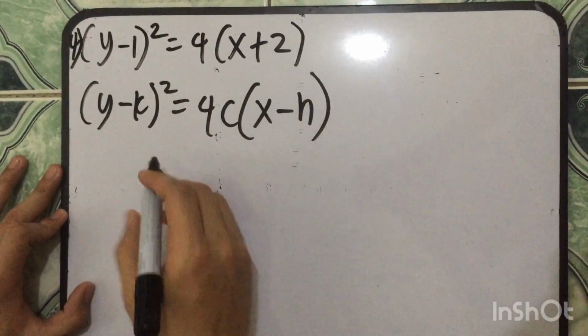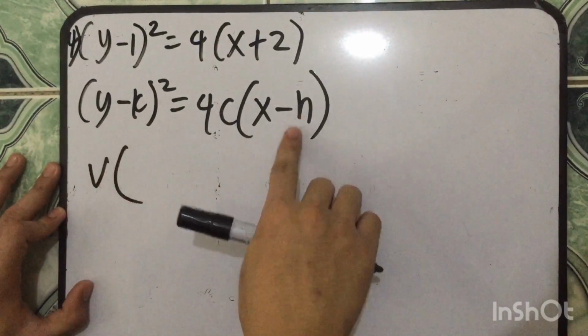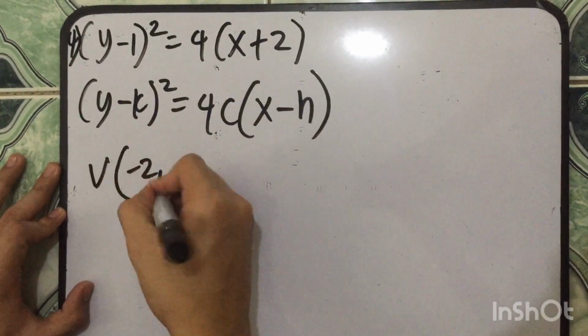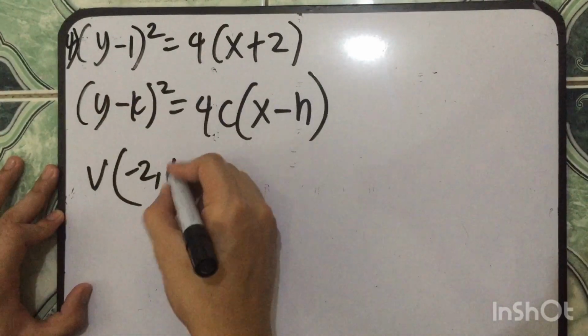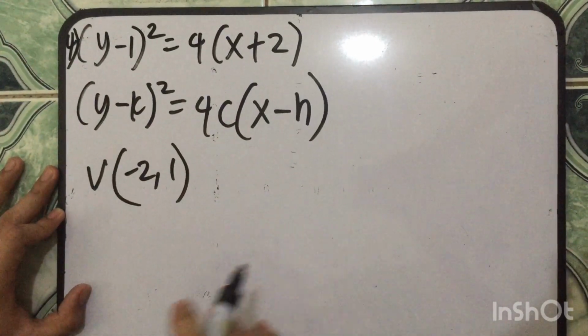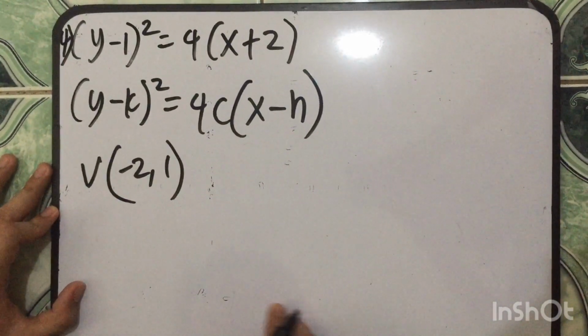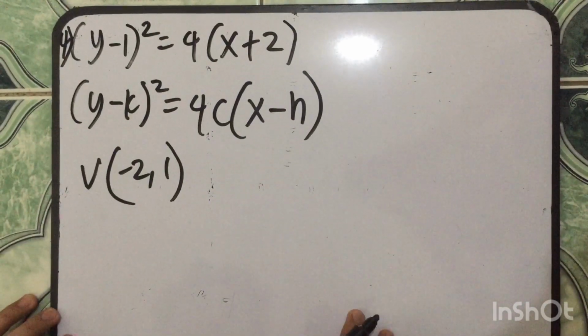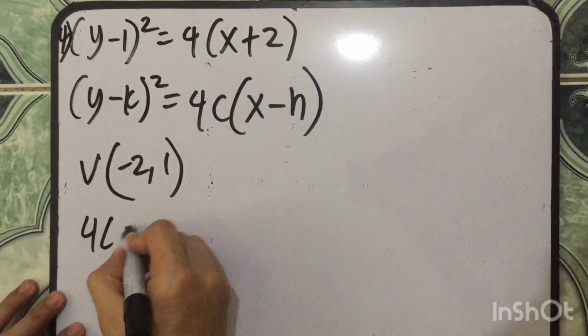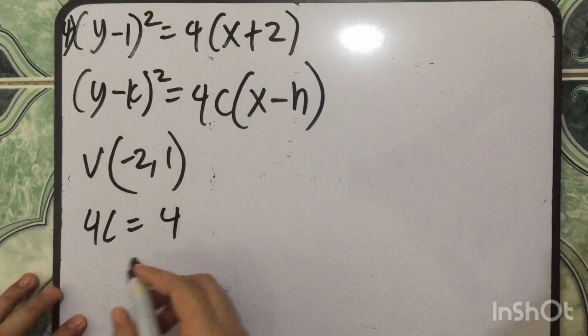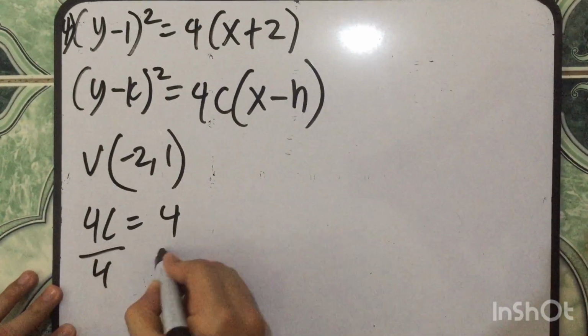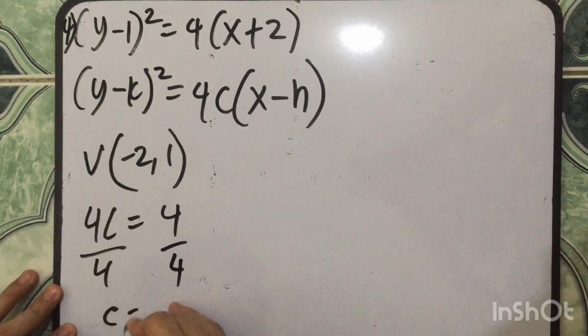So we have the vertex: h is negative 2, and k is positive 1. So to determine again the focus, directrix, and the axis of symmetry, we have to solve for c. So we have 4c = 4. That means c = 1.